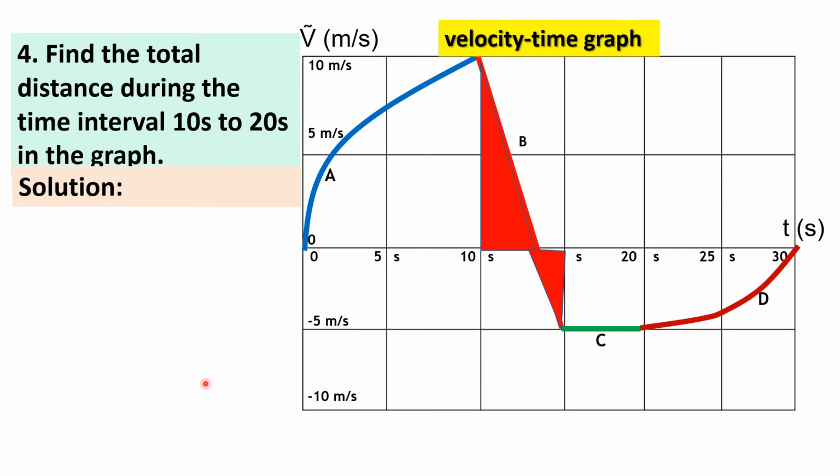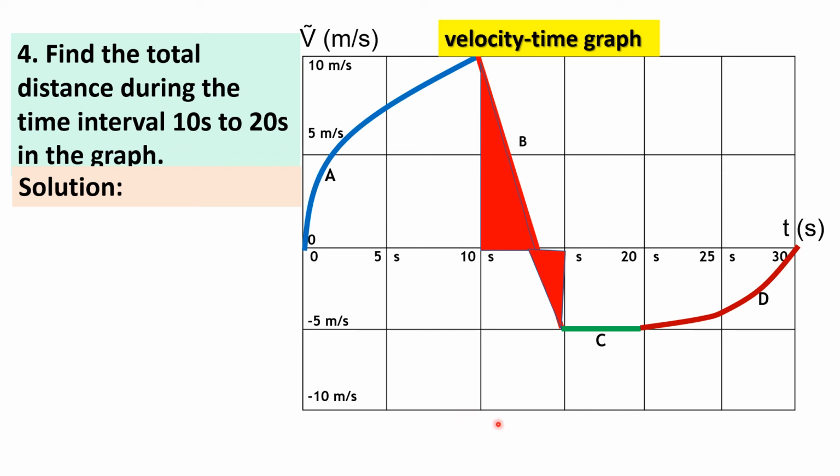Now, to determine the distance traveled by the body from 15 seconds to 20 seconds, that's represented by graph line C. Using the same method that we did for the time interval 10 seconds to 15 seconds, we also use the graphical method, which is determining the area that's bounded by the graph line and the time axis.